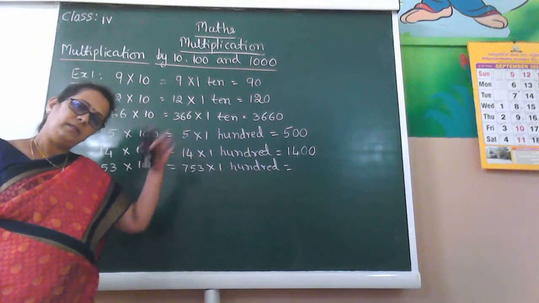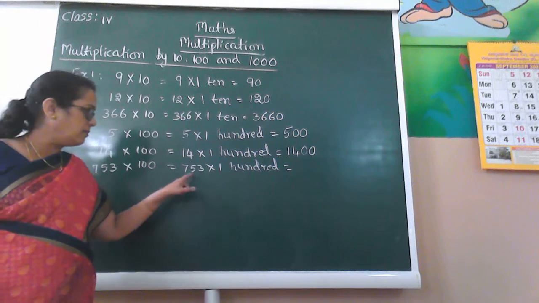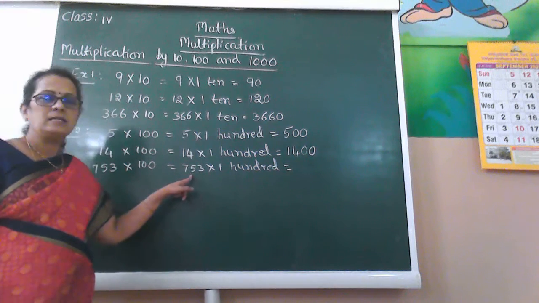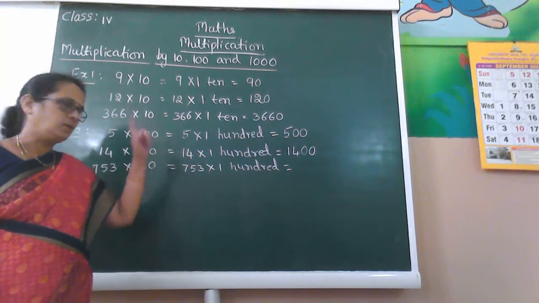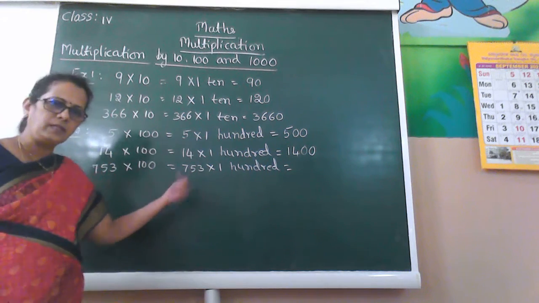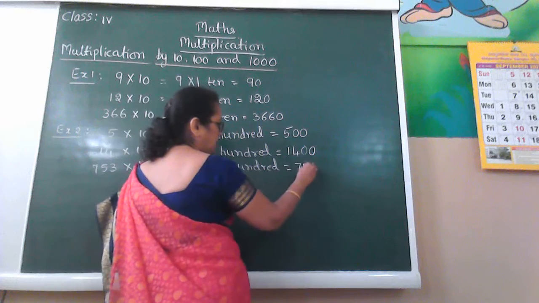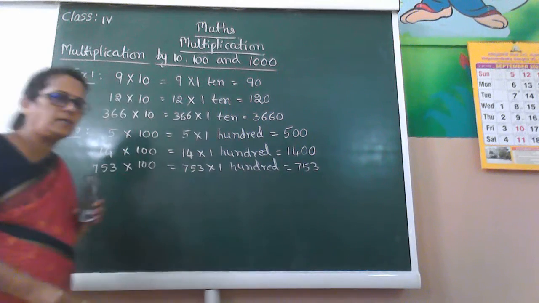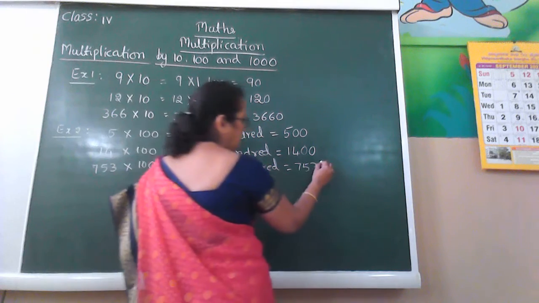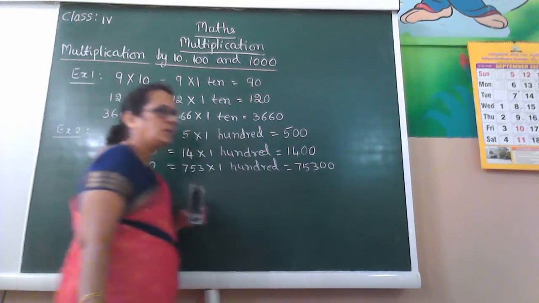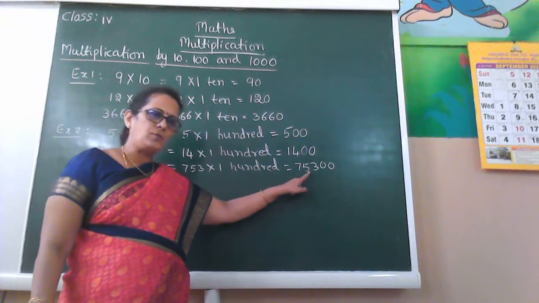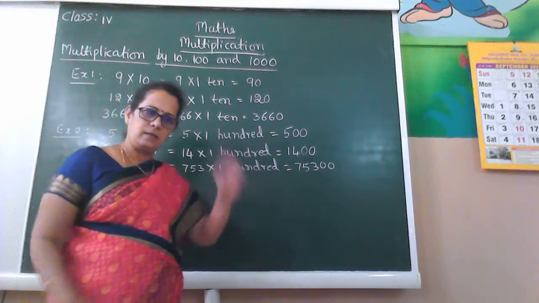So we recall from the previous class, any number which is multiplied by 1 will always give the same number, isn't it? So we recall that 753 ones are 753. So what about zeros here? Here 2 zeros. So write 2 zeros. So what is the product? It is 75,300.